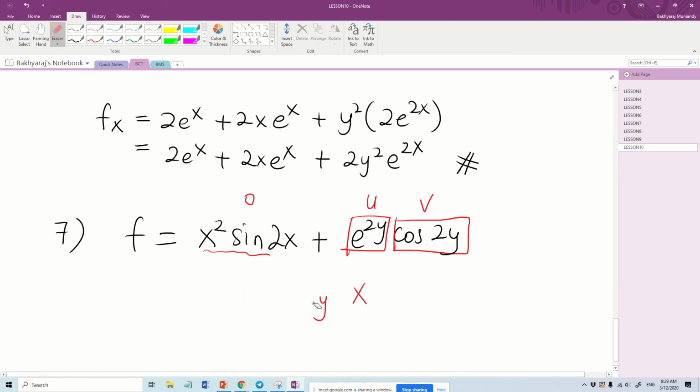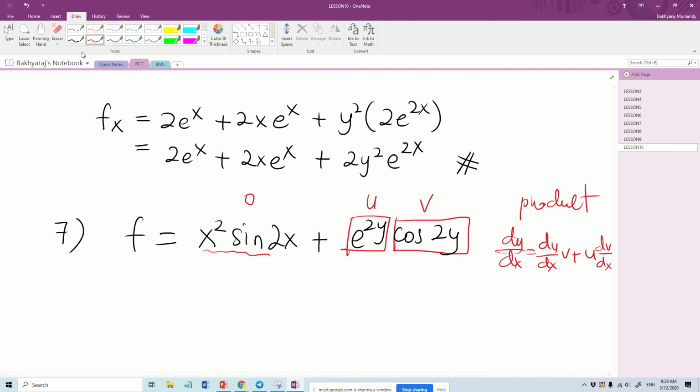Okay, for the others, please care about this. You see, this time you have y with the exponential function and the trigo function. They are together, so consider it a product rule. So recall again your product rule. The product rule says that dy dx must be du dx v plus u dv dx. So what is your u?